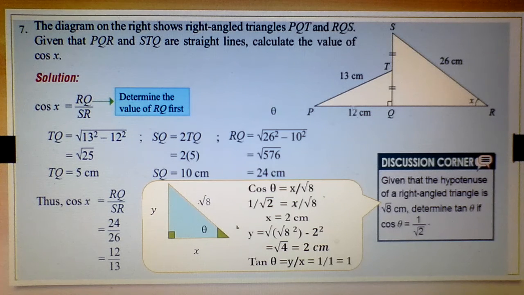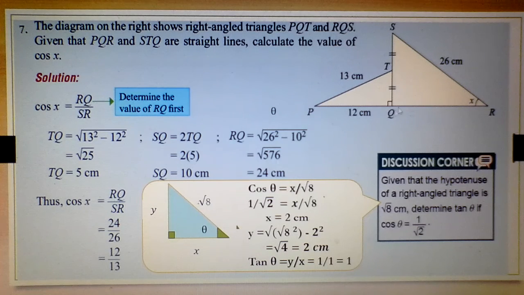Here 12, 13, meaning QT is 5. You calculate, so you get TQ using Pythagoras theorem, 5 cm. And then SQ is 2 times TQ, so here is 10. So RQ is the square root of 26 squared minus 10 squared, so you get 24. So here RQ is 24.